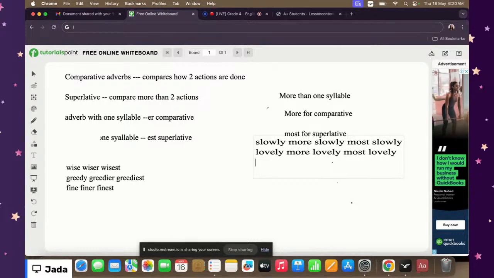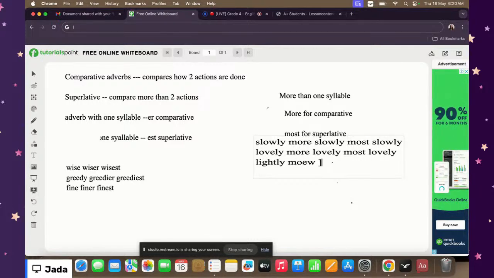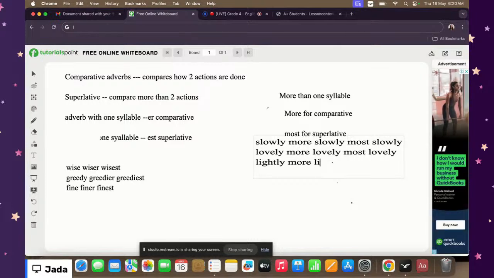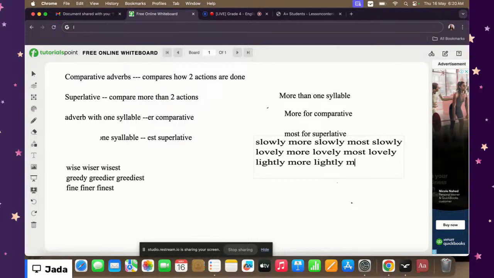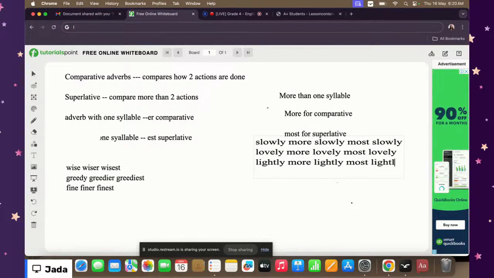Lightly, more lightly, most lightly. Exactly. So we have lightly, more lightly, most lightly.